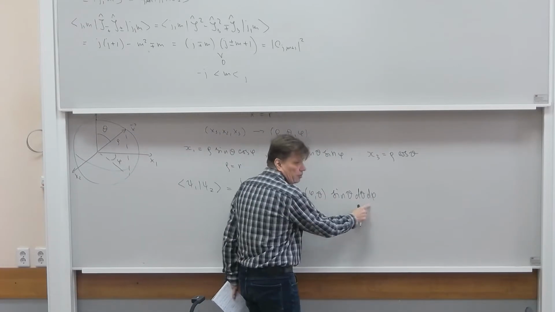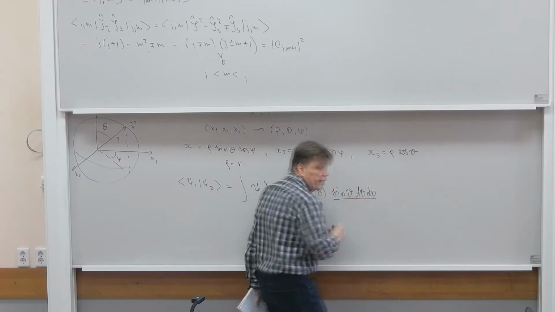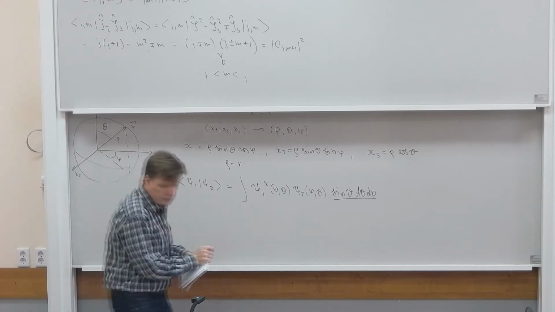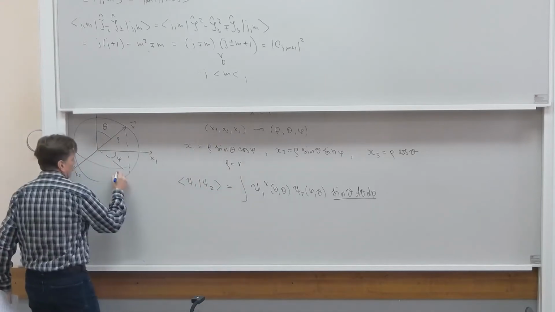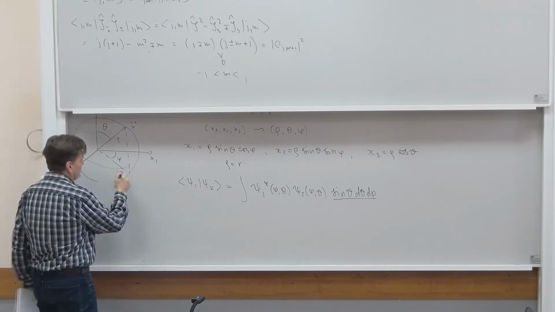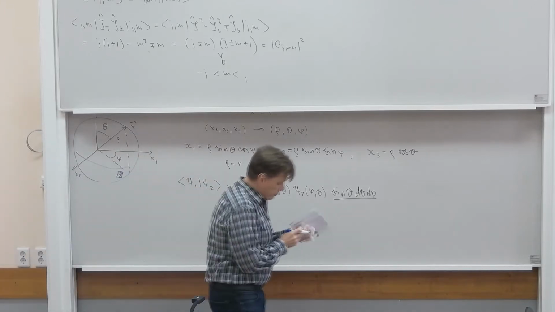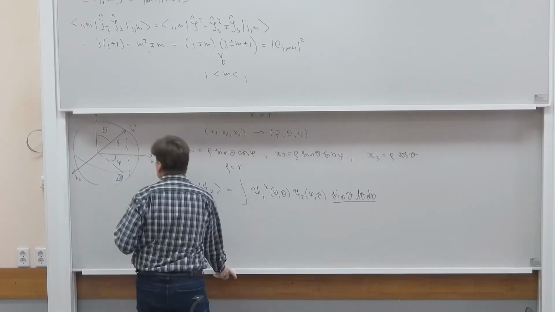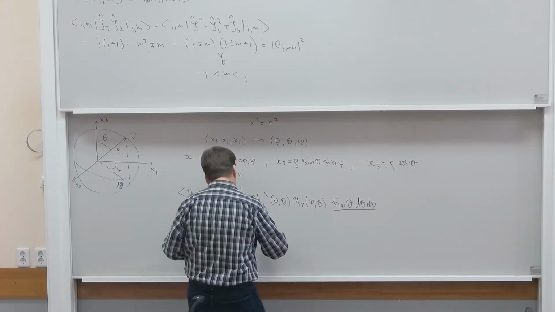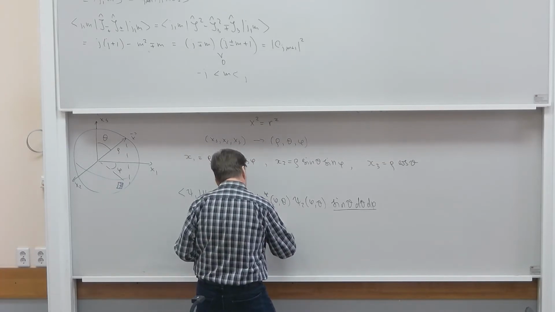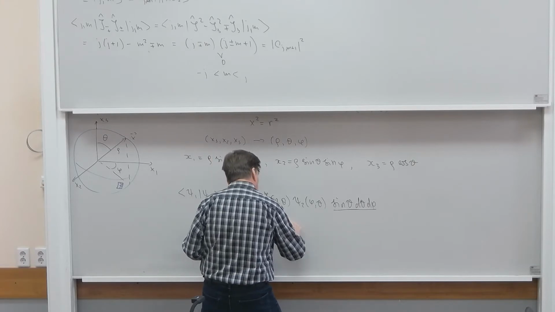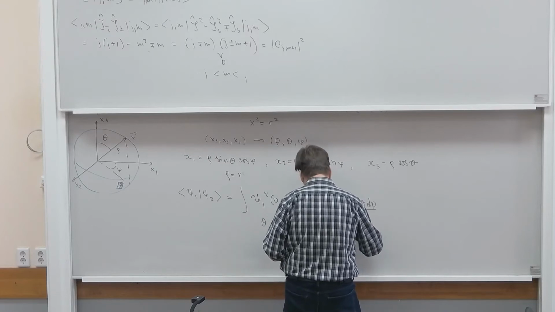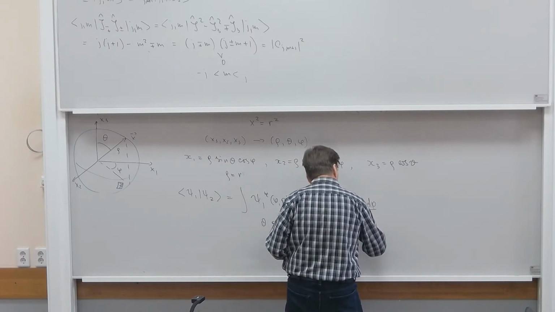Sine theta d theta d phi is just the standard area element on the sphere. By definition, the angle theta varies from 0 to pi, and phi runs from 0 to 2 pi.